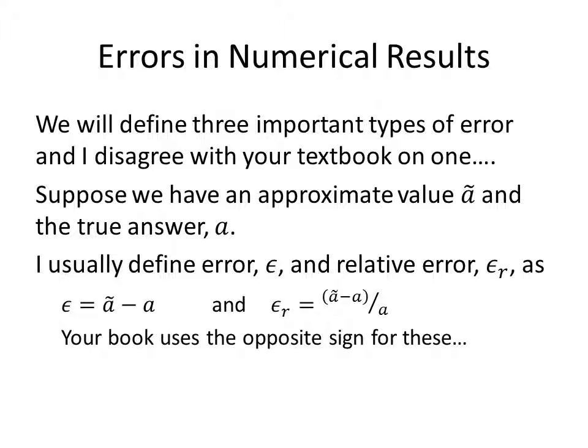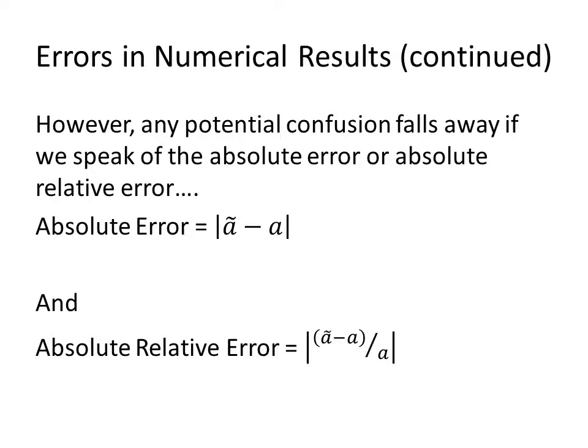Most people who practice in this area also use my sign convention, but one way we can get around this possible confusion is on the next slide. I actually favor absolute error and then being explicit about whether you are just over or just under the actual value. With absolute error, you're taking the absolute value of the previous equations and you get around it.